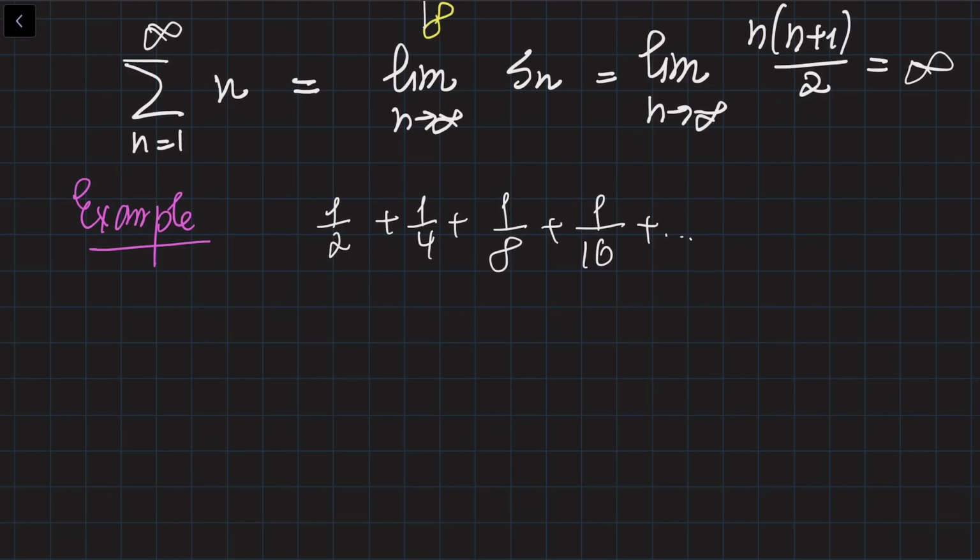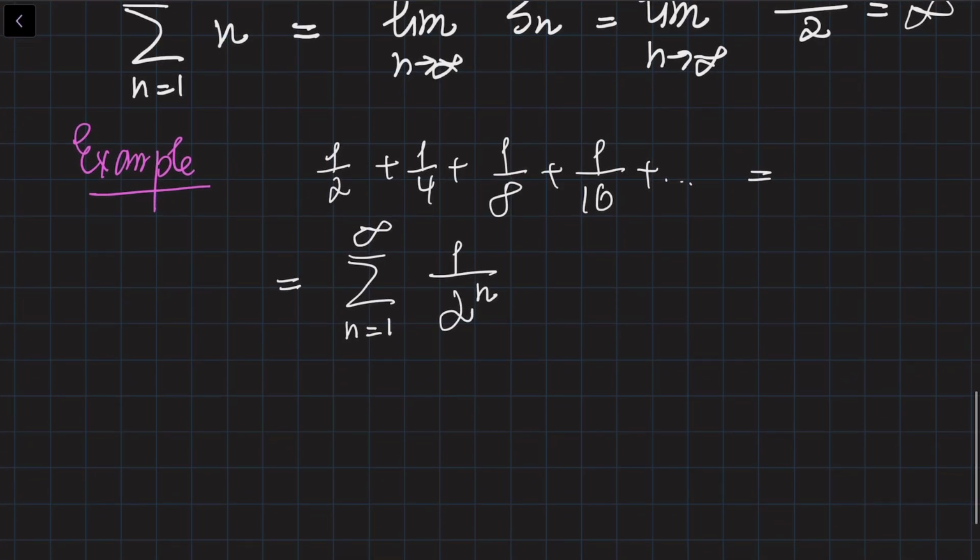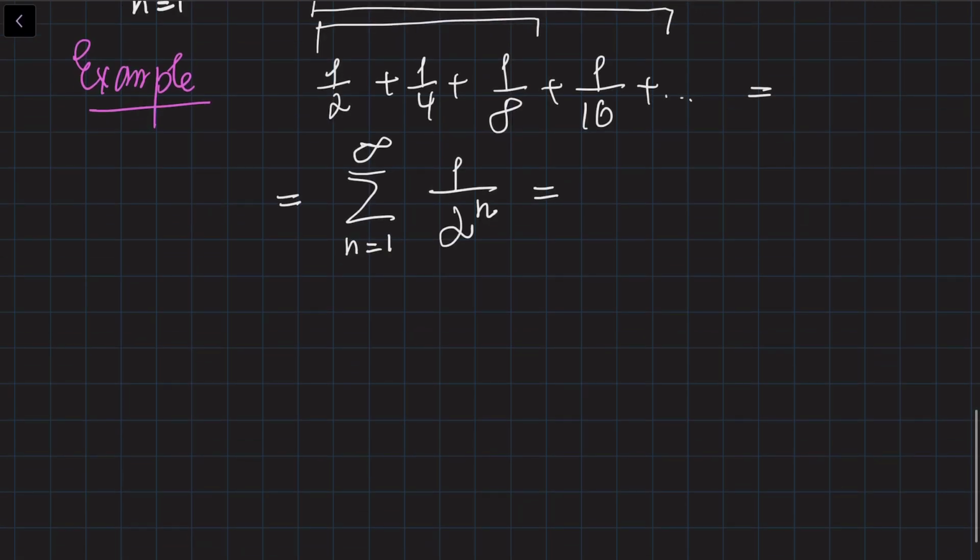You can write down this series in a more compact form using sigma notation: the summation of 1 over 2 to the power n, when n goes from 1 to infinity. You can try to find the partial sums and see that these values converge to 1.